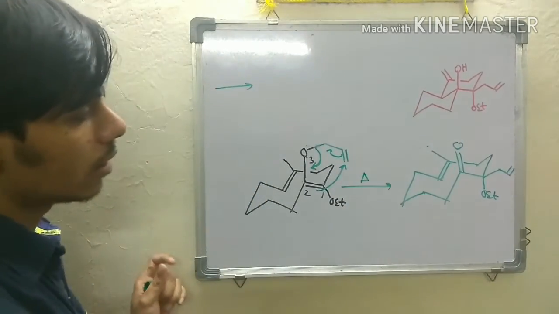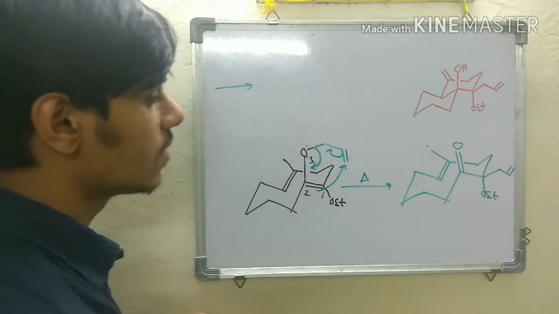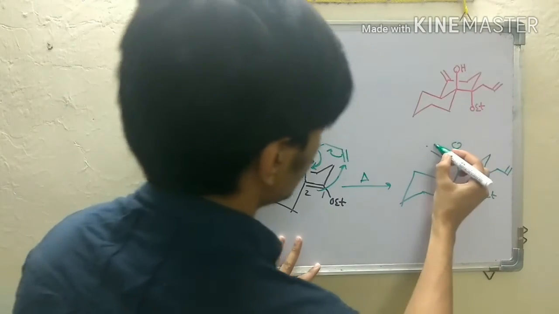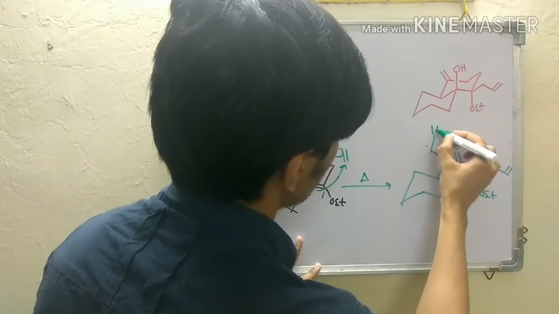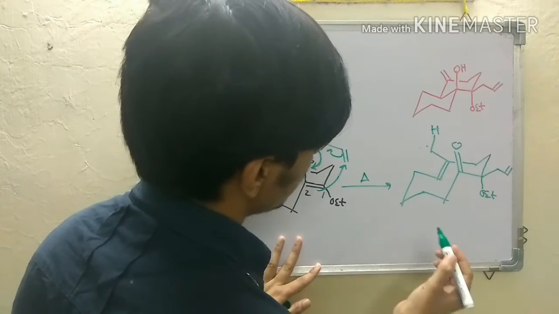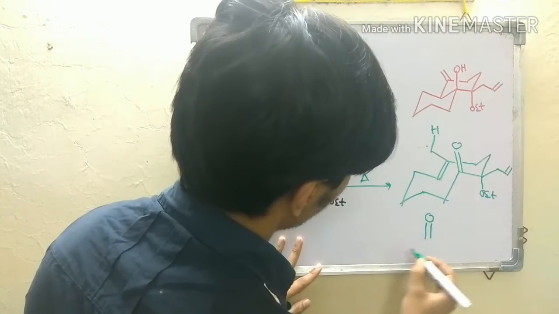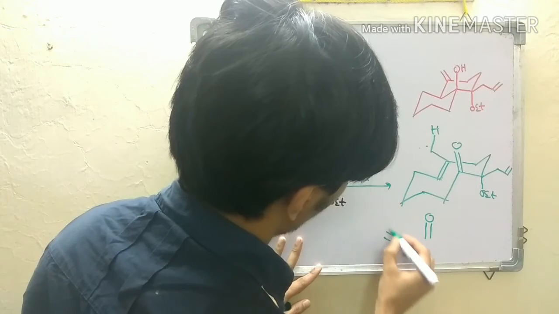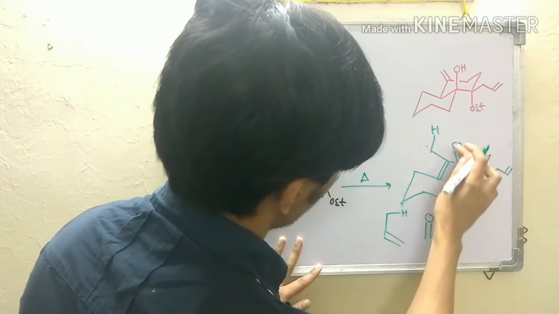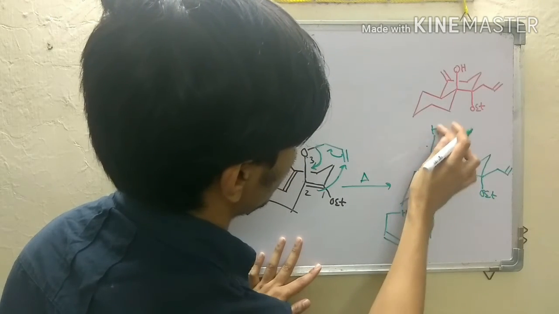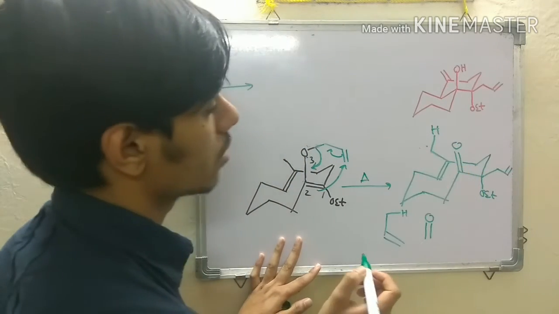Now you are left with only one option, that is the ene reaction, but you have to find the right combination. Now if you open this hydrogen like this, you can see that this part is perfect for the ene reaction. This is your carbonyl, and here you have a double bond and an alpha hydrogen.